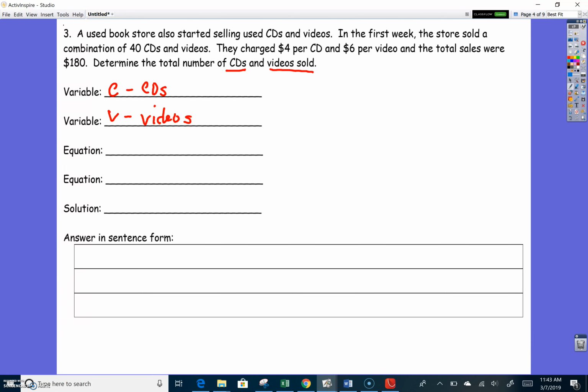All right, my first equation is $4 and is a plus 6 videos equals, remember money goes with money, 180. And the next part is the total items. C plus V equals, there's 40 totals, okay, 40.